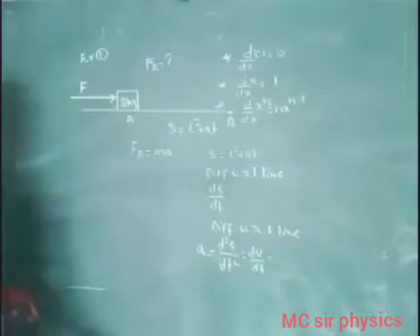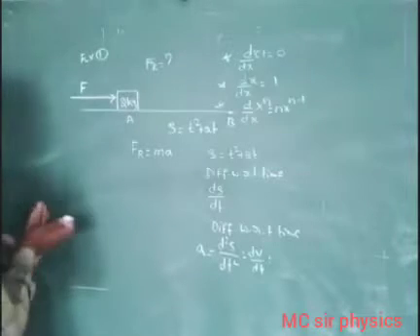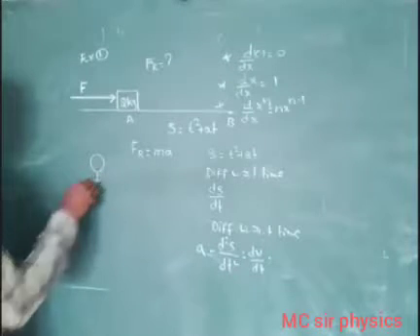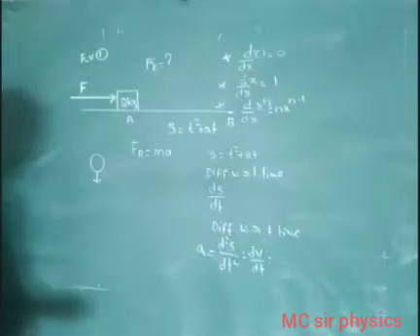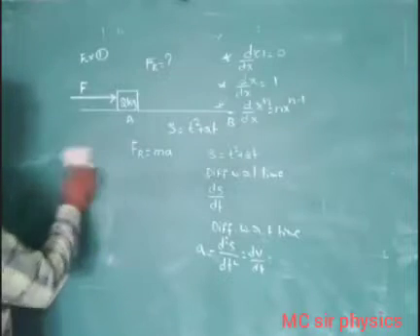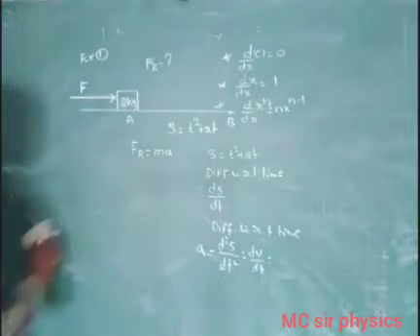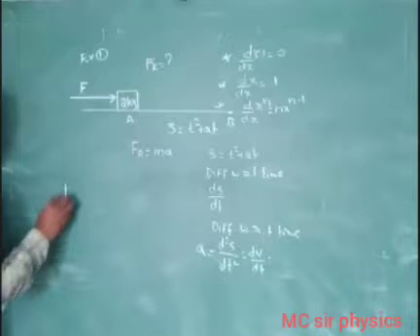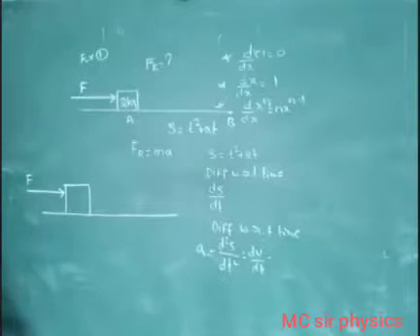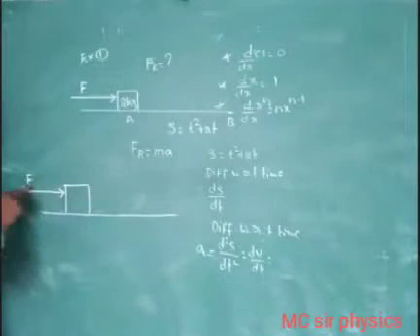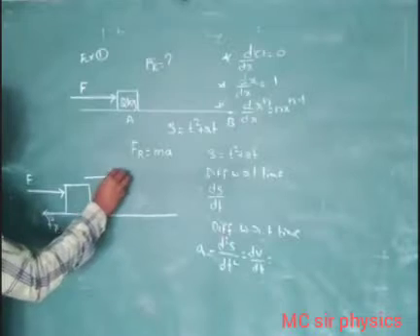One more example problem. An external force F acts on the body, and the frictional force acts opposite to F. Then it gets a resultant acceleration.